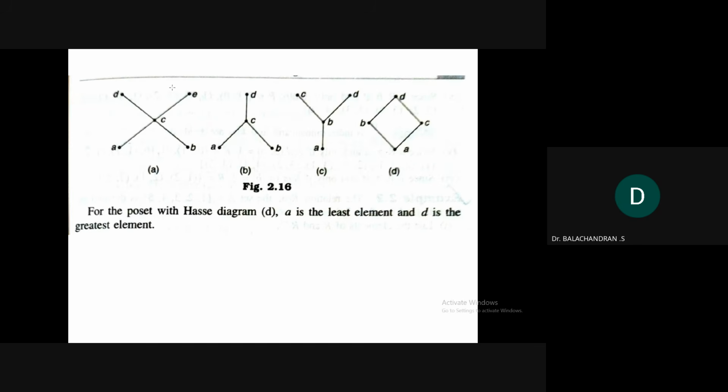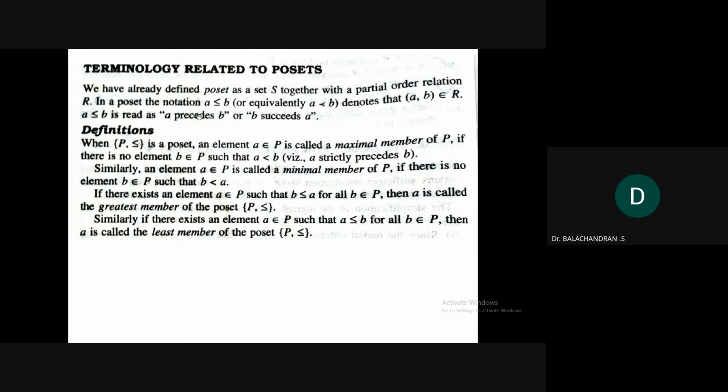Now I'll go to the proper definition. When (P, ≤) is a poset, or partially ordered set, an element A in P is called a maximal member of P if there is no element B in P such that A < B. So you cannot find such a B. Then only A is a maximal member.